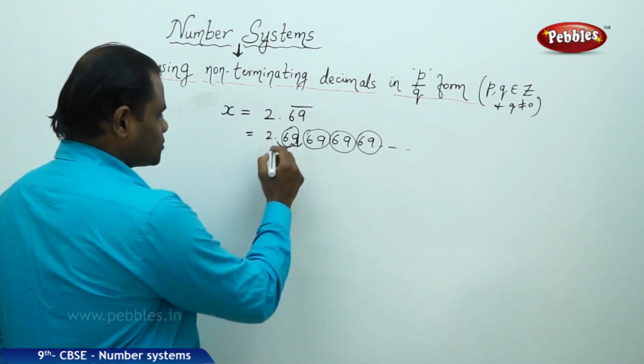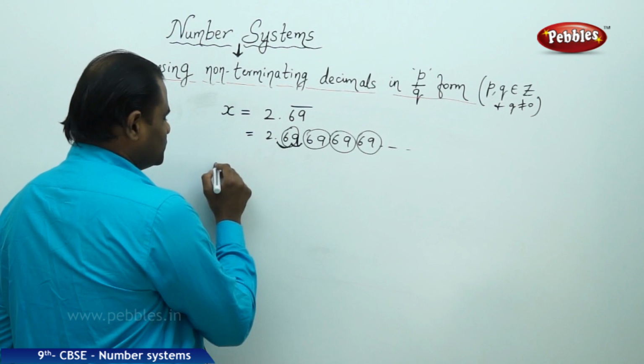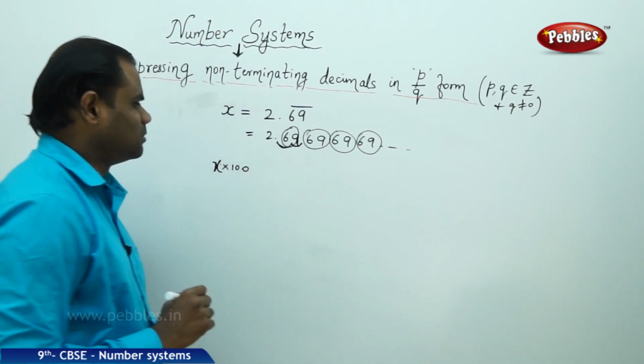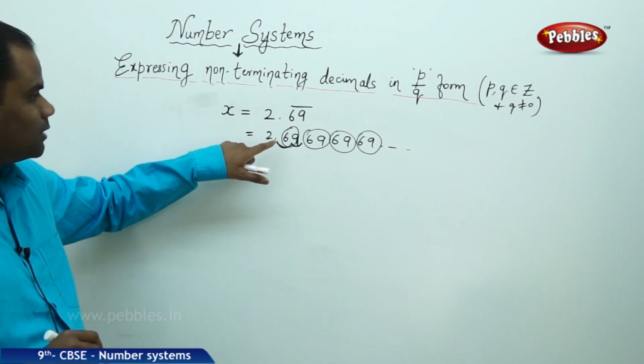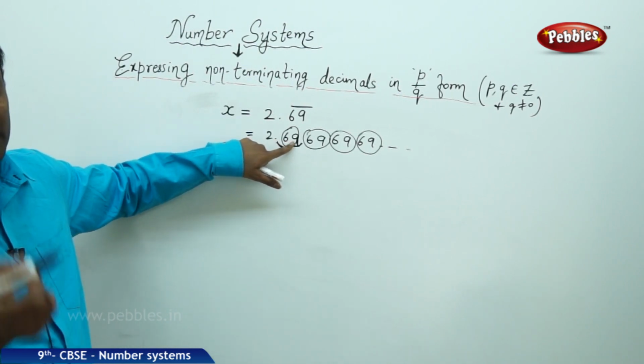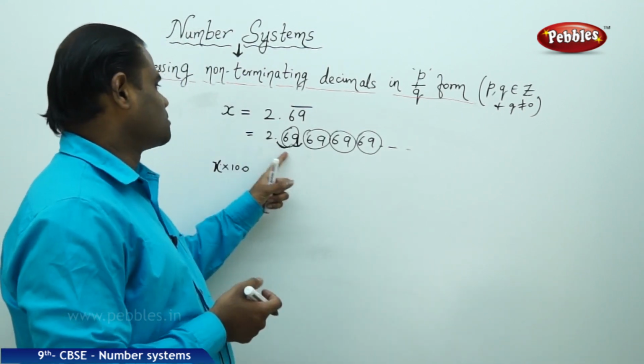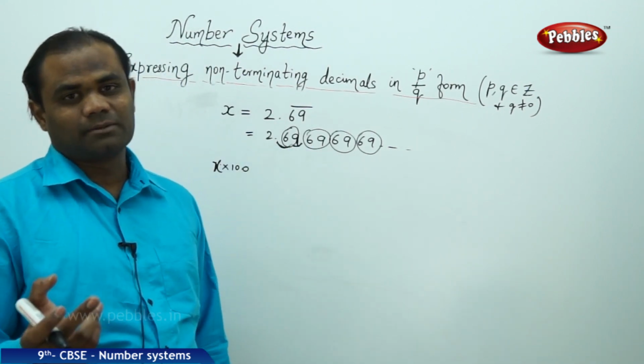Therefore, the decimal has to shift twice to the right, which is possible by multiplying by 100 on both sides. Because if I multiply by 10, the digit moves only 1 unit to the right, but if I multiply by 100, the 2 zeros make the decimal shift 2 units to the right.